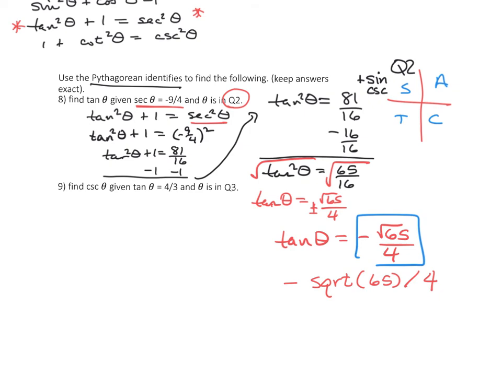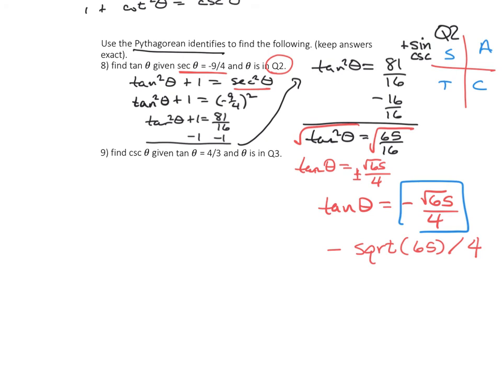Let's try one more using identities here. This time they want us to find cosecant, and they're giving us tangent. So for this one, I'm going to use the identity 1 plus cotangent squared theta equals cosecant squared theta, because I'm going to use a reciprocal identity first.